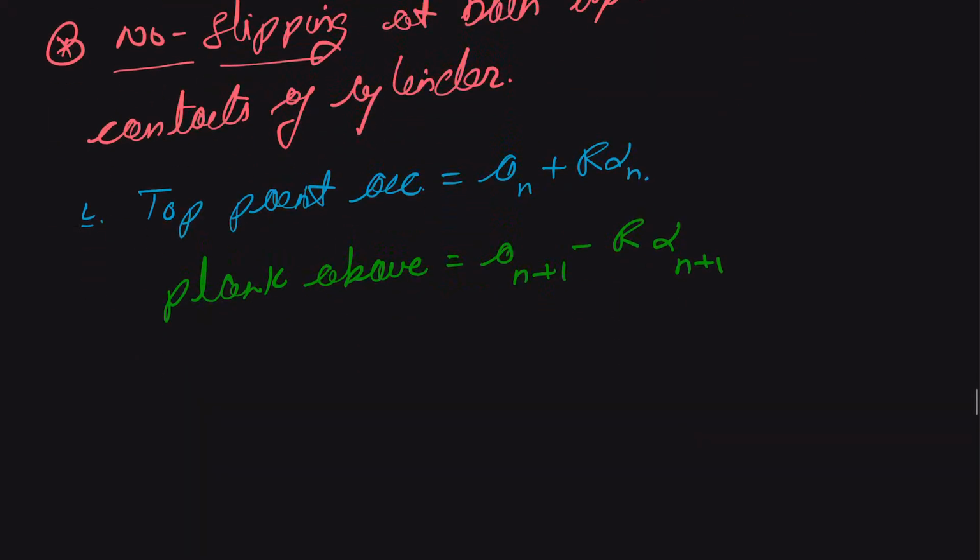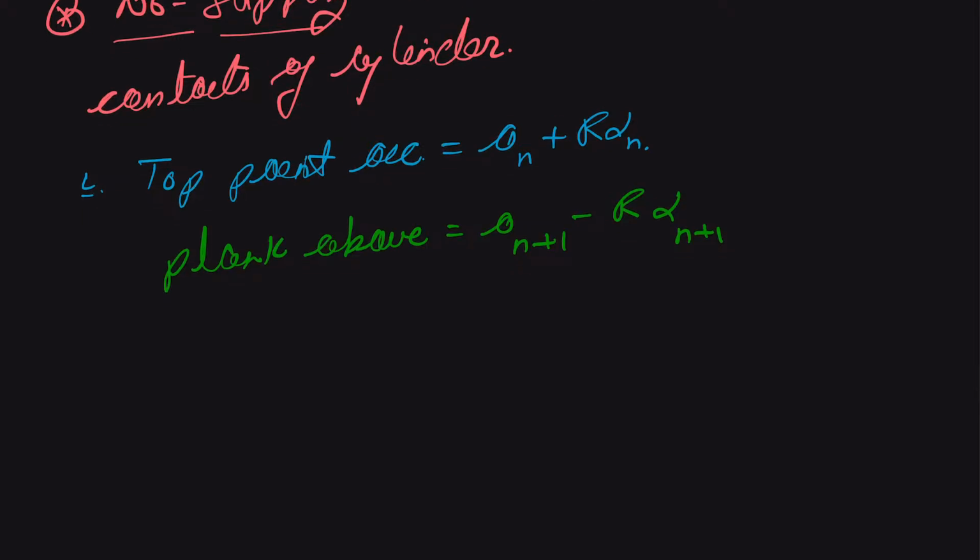Okay, so we can just equate them and rearrange. So we get this as our a of n plus 1 plus r, and alpha n plus 1 will be equal to a of n minus r alpha.